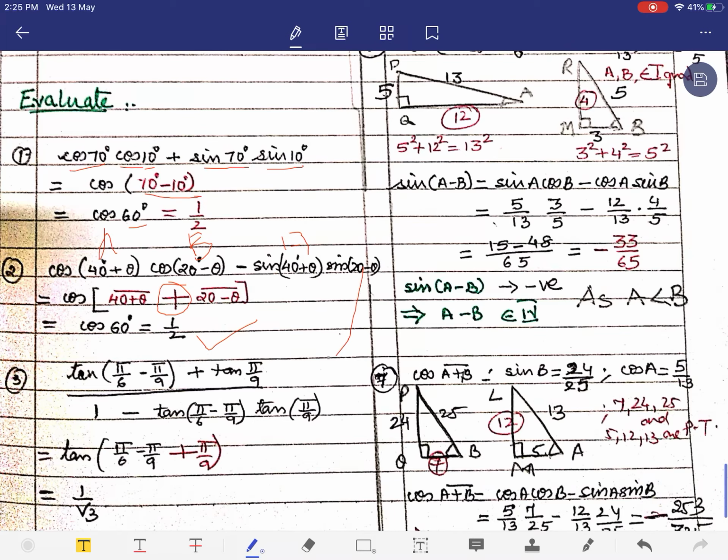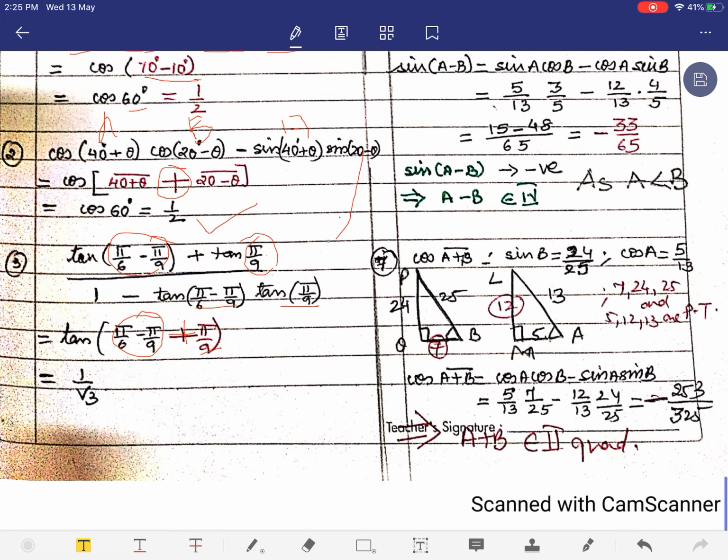The next question, tan A plus tan B upon 1 minus tan A tan B. This is nothing but tan of A plus B, which is reduced to tan pi on 6, which has 1 upon root 3 as its value.